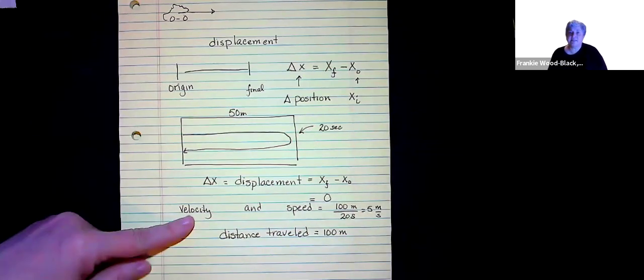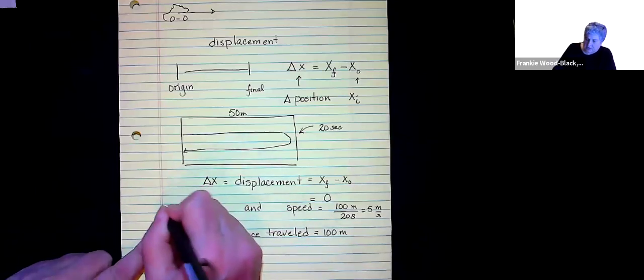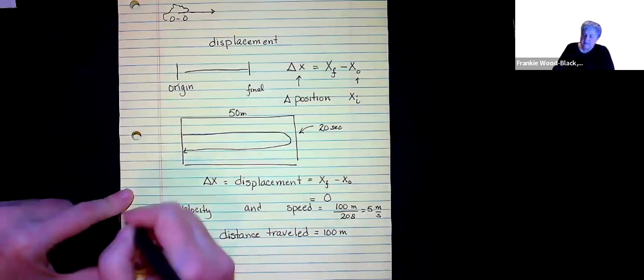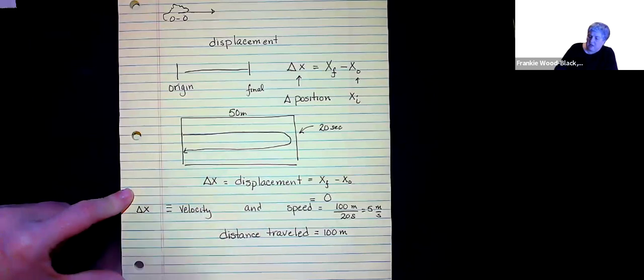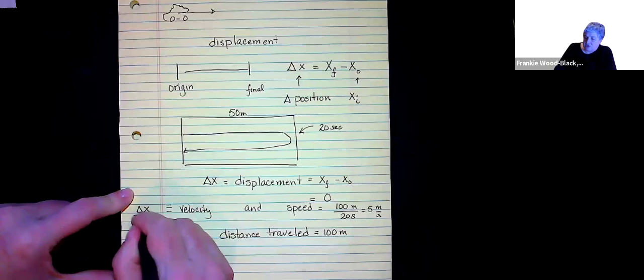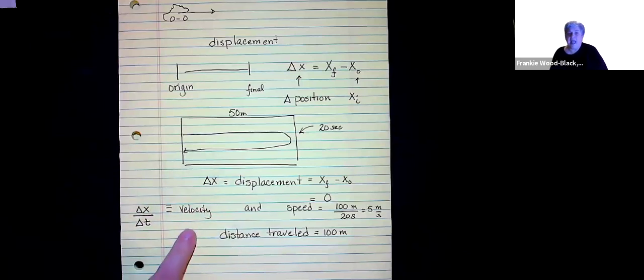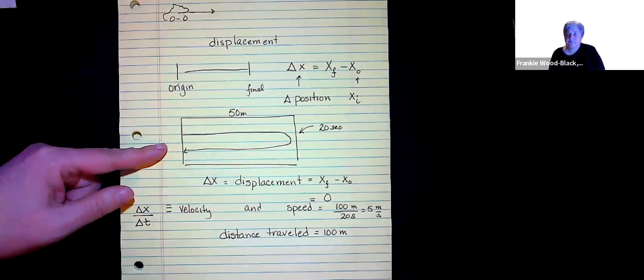But my velocity is not that, because we're going to define velocity, and I'm going to use three little lines here. That gives us our definition. My velocity is a change in position divided by a change in time. So my average velocity for this situation is going to be 0.